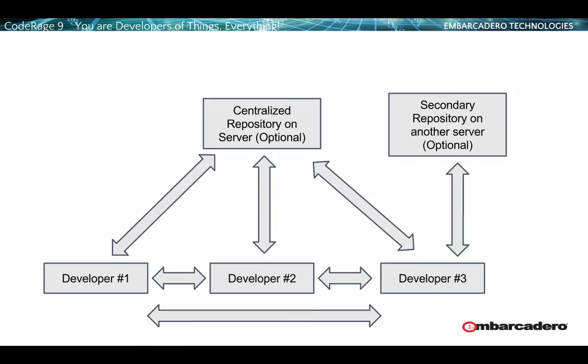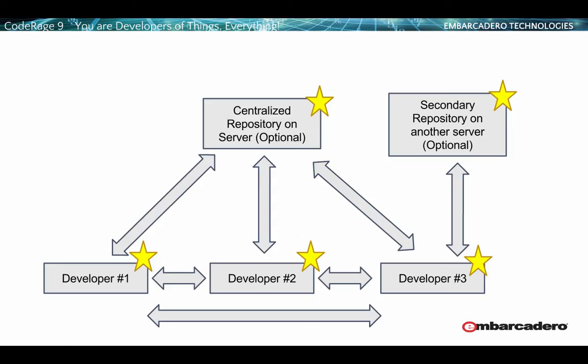Now let's look at a distributed model. In the distributed model, you still could have a centralized repository. However, it's optional. Another thing is you could have developers communicating with each other. The reason this works is that everybody, in this case those 3 developers down there, each have a full copy of the repository.